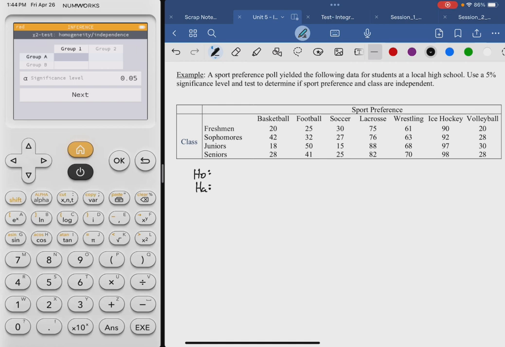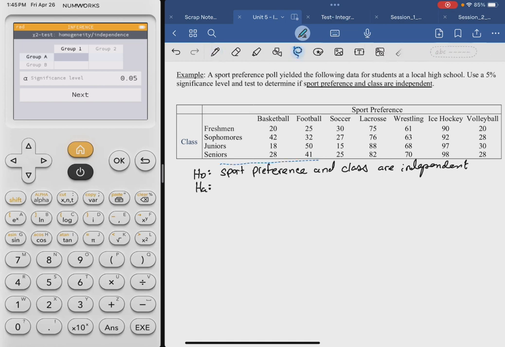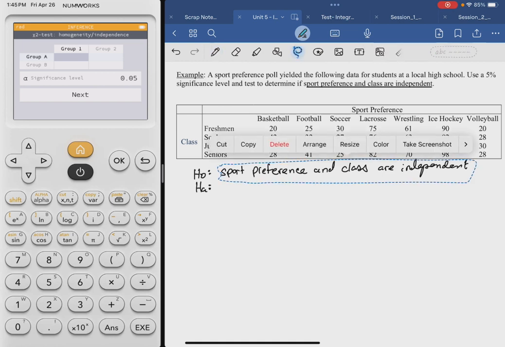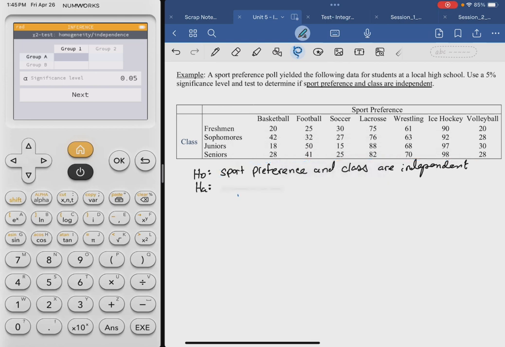So I just grab this right here, word for word, and say sport preference and class are independent. Then sports preference and class are dependent in some way.